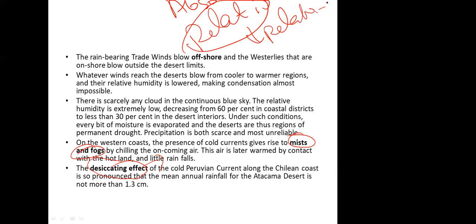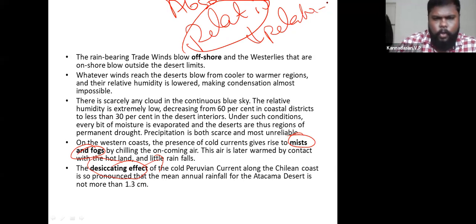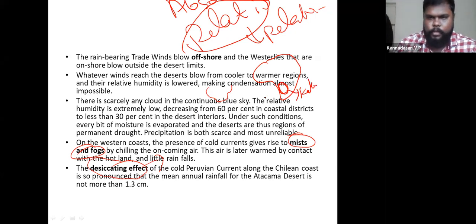So even if a little humidity is available in the Kalahari Desert, if you take it as an example, when the cold current enters this region, it makes a cold air mass. It usually won't enter because the wind already travels from east to west.